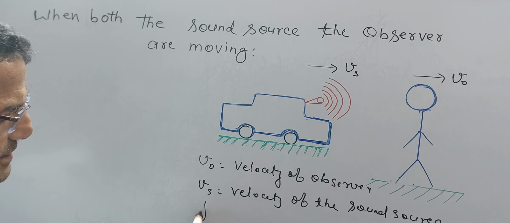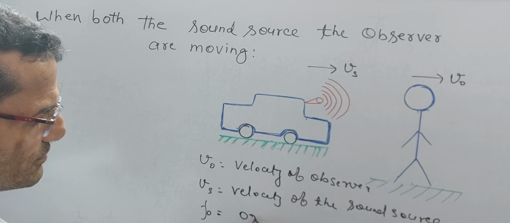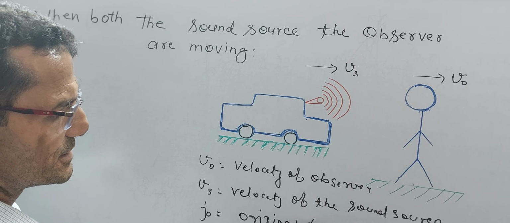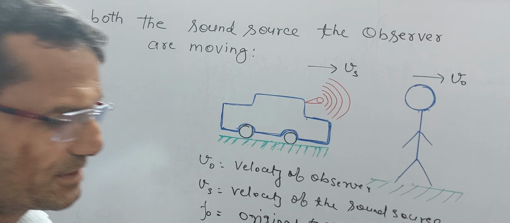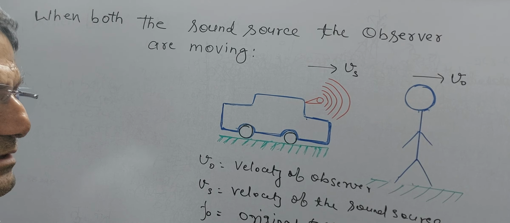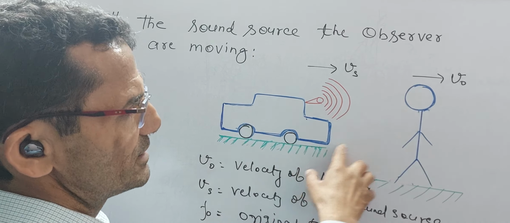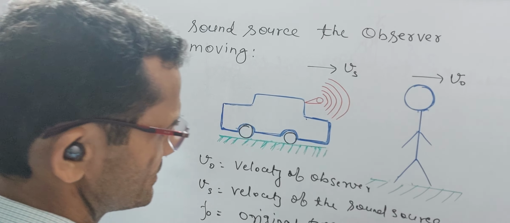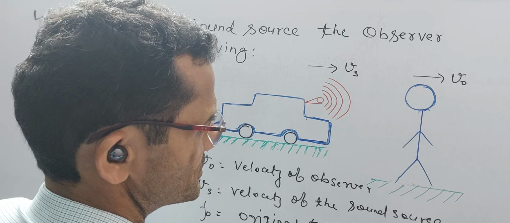And FO is the original frequency of the sound, whenever both are at rest. Whenever both are at rest, the original frequency of the sound is actually heard by this observer. So FO is the original frequency of the sound source.